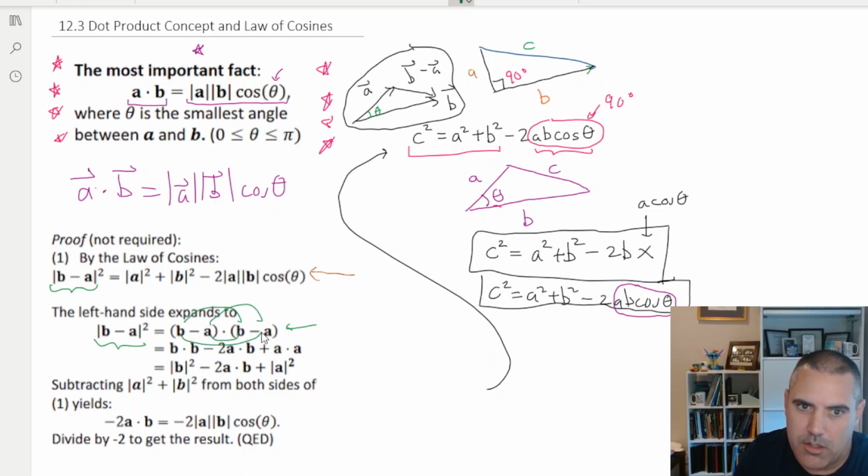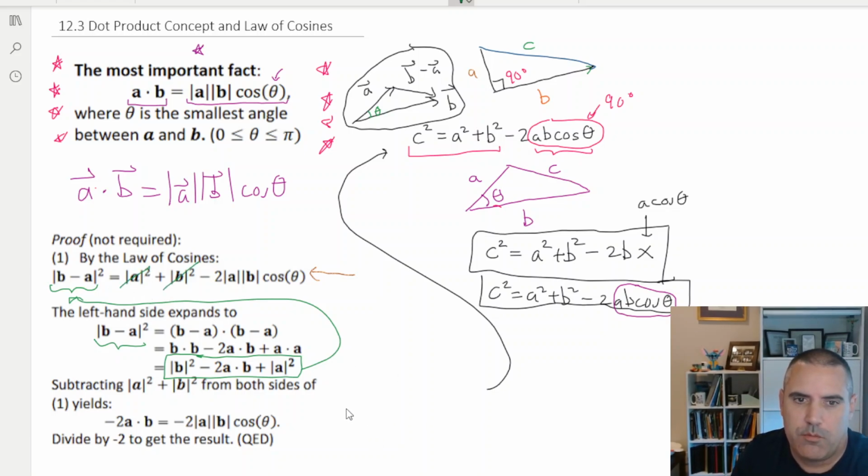So in my class, we talk about some of these things building up to this. But my students are not expected to know this proof. And then we talk about, well, that means this is the same as this. And then we subtract these from both sides, and what we're left with is minus 2 times the dot product is this thing from the law of cosines.